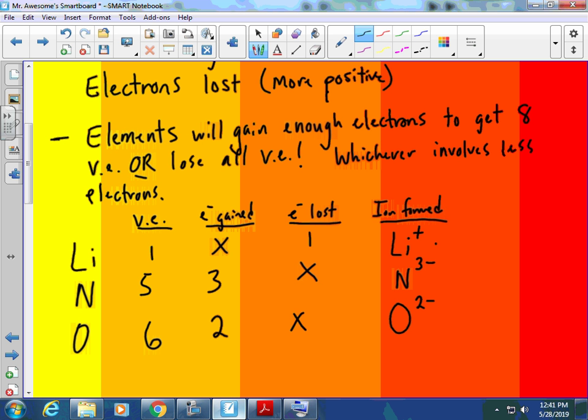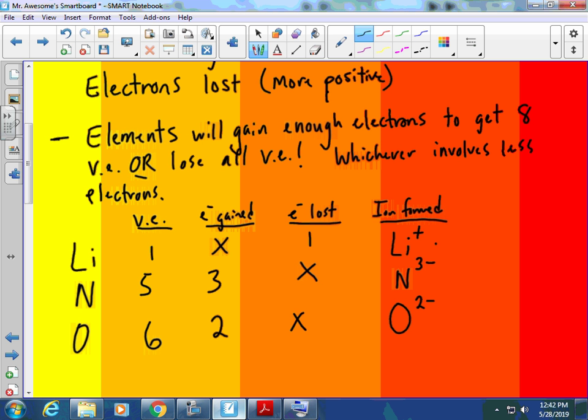Nobody wants to tell me? What are you doing here? Okay. Deviante says we are trying to figure out how many electrons an element gains or loses.